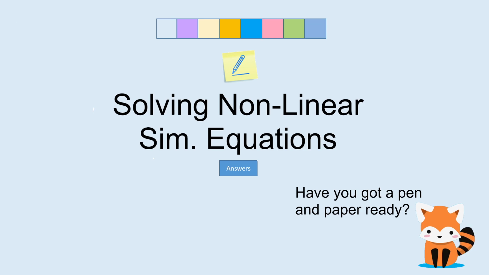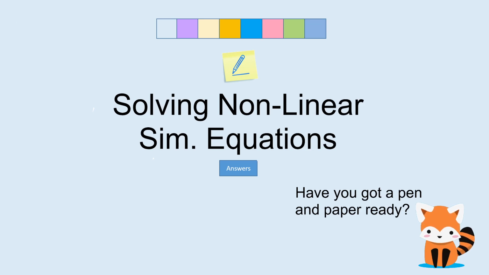But this video today is going to be looking at one of the more complex types of equation that we want to solve simultaneously. What we're going to be looking at is where we've got one equation which is linear, like the equations that we've seen already, which just involve x's or y's or both.